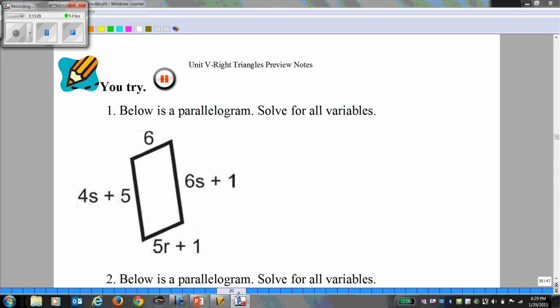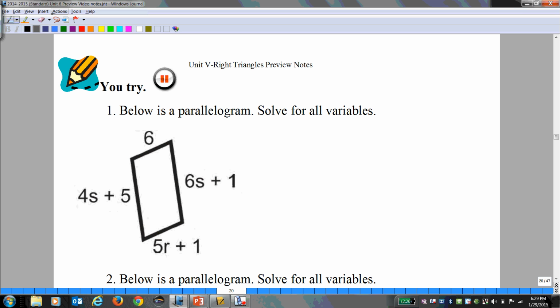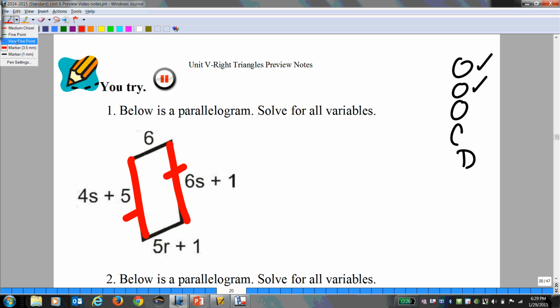It says, below is a parallelogram. We're going to solve for all variables. Let's keep OCD in mind. The first one is opposite sides are parallel. That's really not going to be helpful here, but the second one is opposite sides are equal. So that means these are equal. That makes this easy. I can just do 4s plus 5 equals 6s plus 1.